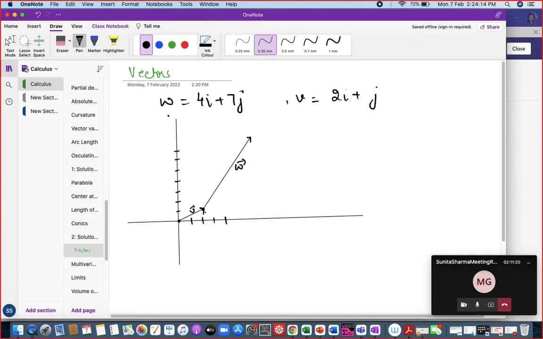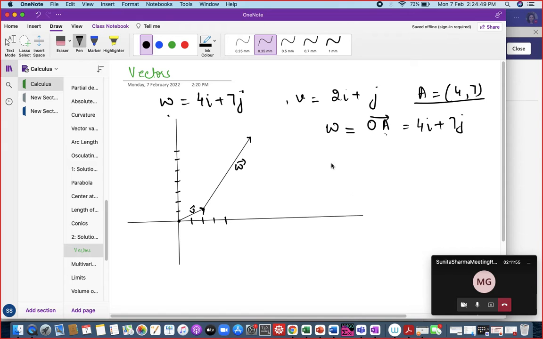Now if you notice the w equation, any vector w here is represented by two points. Initially when we drew it, the starting point was the origin and the end point was some point A, whose coordinates were 4,7. This is how we represented it initially, and we said this is equal to 4i plus 7j.